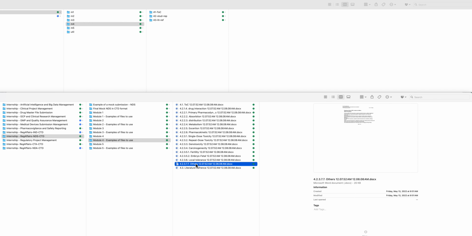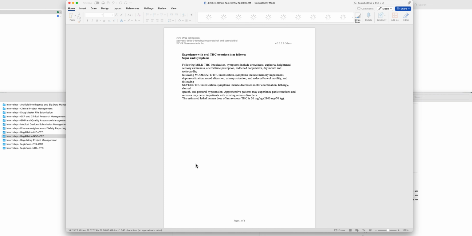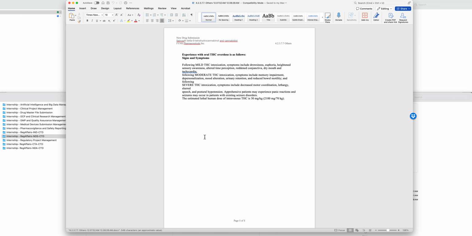Now, for the section 4.2.3.7, we can look into other studies in animals. So here we are adding, of course, for example, here they are talking about the mild doses of the drug, the moderate dose of the drug, and then they are looking into the severe, or say very high, dose of the drug.